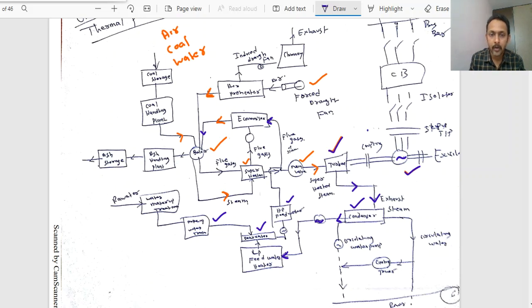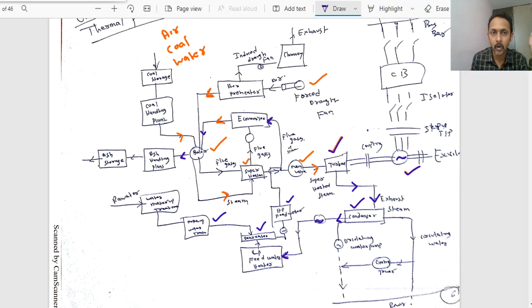Clear? Now, just as the steam, having done its useful work, is converted back to water, after the coal gets completely burnt, the ash handling plant will be there, where you have to remove the ash.